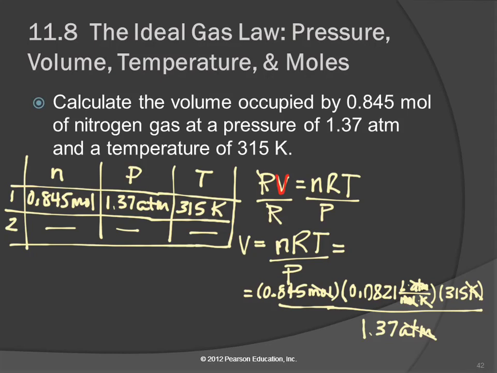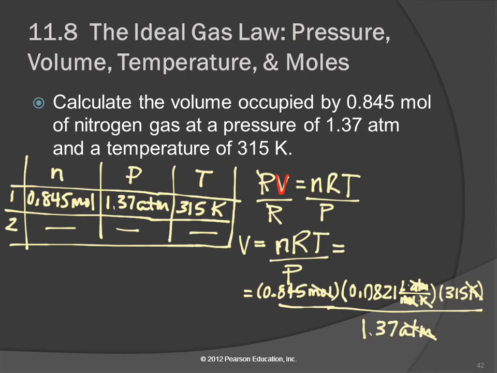So then we calculate 0.845 times 0.0821 times 315 divided by 1.37 equals. And all of my numbers have 3 significant figures.